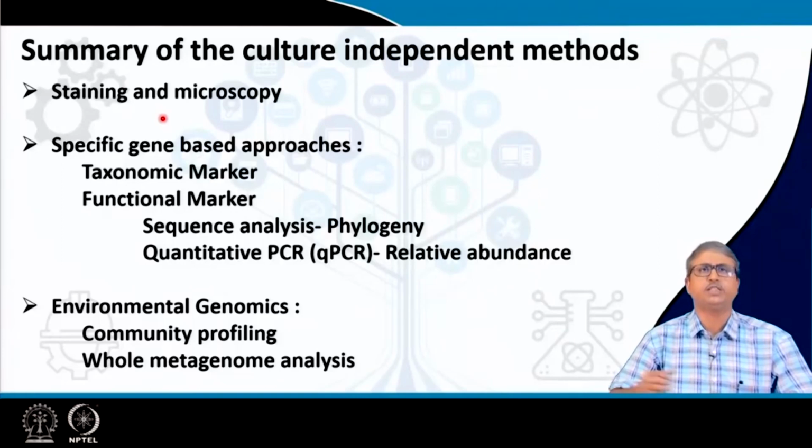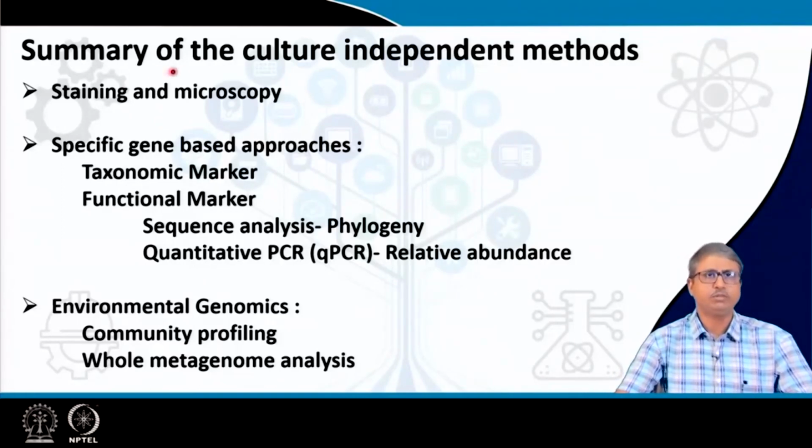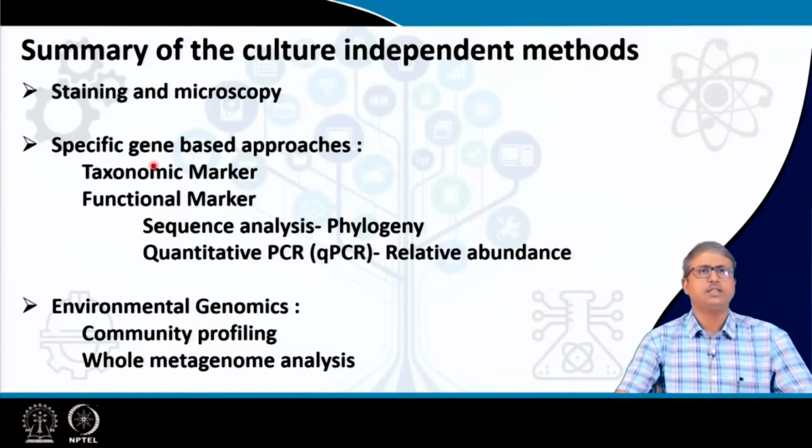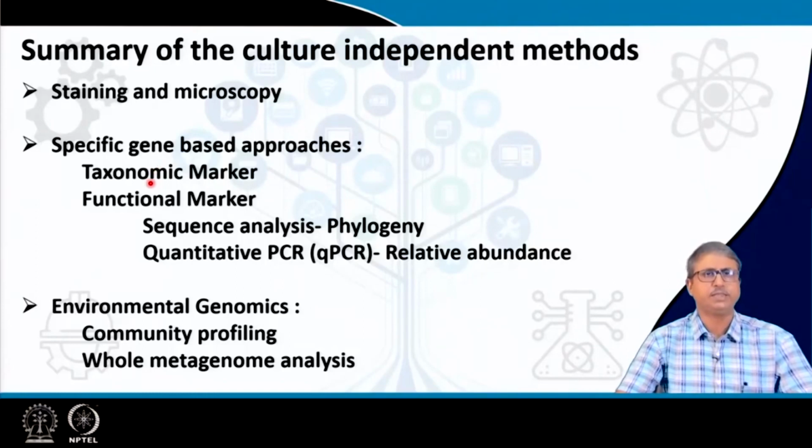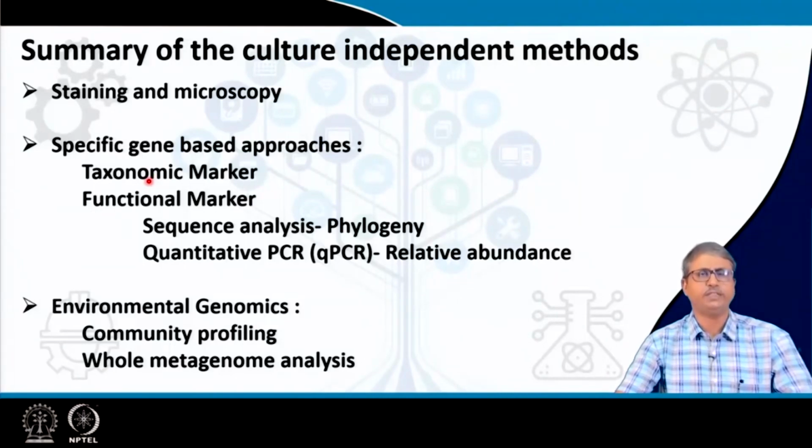Our expectations from the culture independent methods are actually much higher. Now, the second most important approach, which is very common, very popular, and widely used in environmental biotechnology and environmental engineering systems, is the specific gene based approaches, because there are multiple approaches. These are basically achieved using different genes. These genes are the taxonomic marker genes, that means genes capable of identifying a specific taxonomic group.